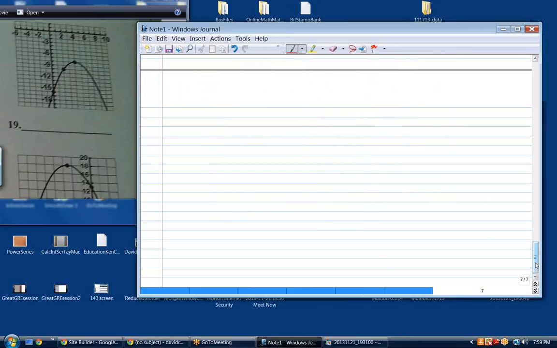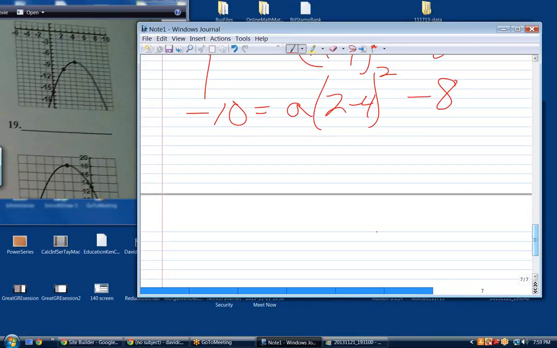Okay, next line. 2 minus 4 squared is 4. So read the next line. So minus 10 equals what? Hold on.